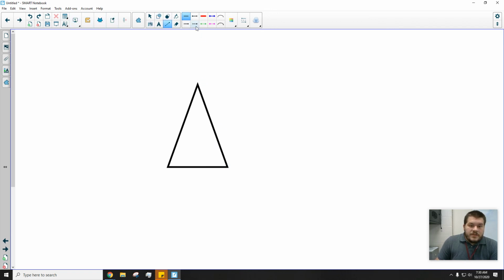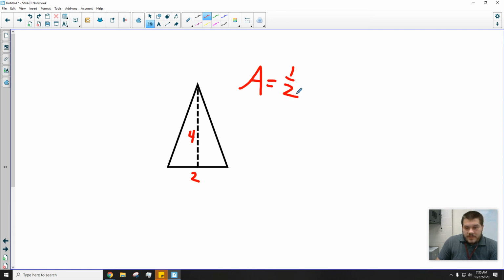Now for these, you kind of have to know what the height is here. So what we're going to do is assume that the height is, say, 4 and the base is 2. Okay. So for area, it's 1/2 base times height. And so for us, it's 1/2 of 2 times 4.